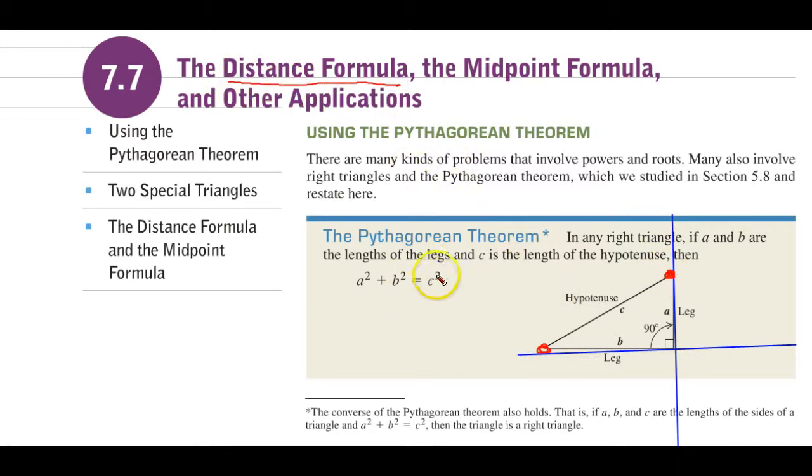And you would use a modification of this, which is c squared equals a squared plus b squared.